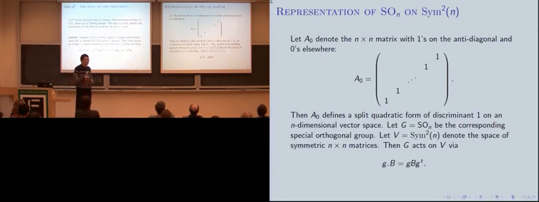This matrix is 1 on the antidiagonal and 0 elsewhere. Its stabilizer inside SL_n is by definition SO_n, and that acts on the second component. More precisely, you have A0, which defines a split quadratic form of discriminant 1. G is its special orthogonal group, which acts on the space of n by n symmetric matrices in the obvious way.